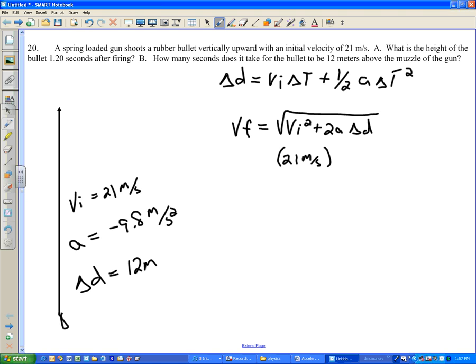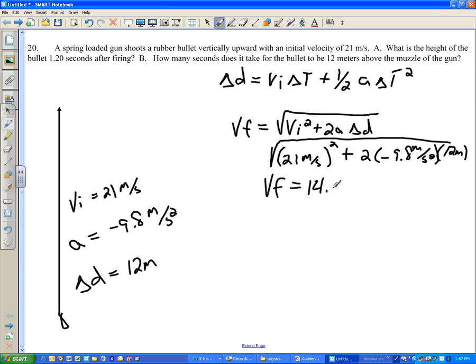We can square that value plus 2 times negative 9.8 meters per second squared times a change in distance, which is 12 meters. And then we will take the square root of this entire thing. Let's see how good I can do that. Whoa, there we are. And that whole thing, the VF, ends up being 14.3 meters per second when you press the right buttons on your trusty calculator.